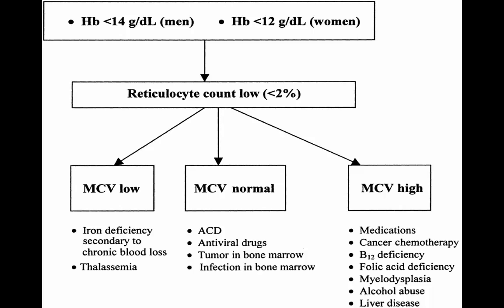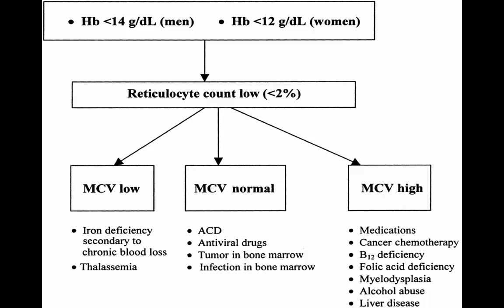In addition, if you have an acute blood loss, you would be in the presence of a normocytic normochromic anemia. On the contrary, if you have a chronic blood loss, which is most commonly from the GI tract, you would be in the presence of microcytic hypochromic.